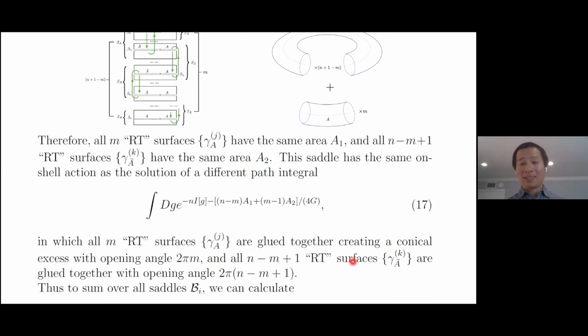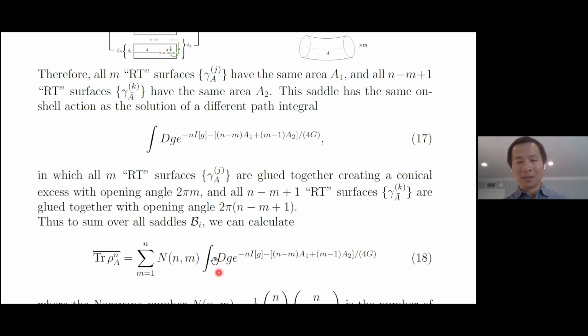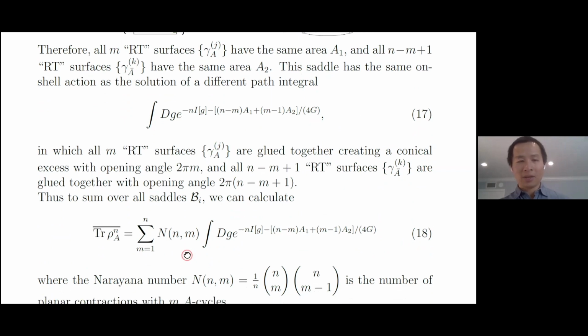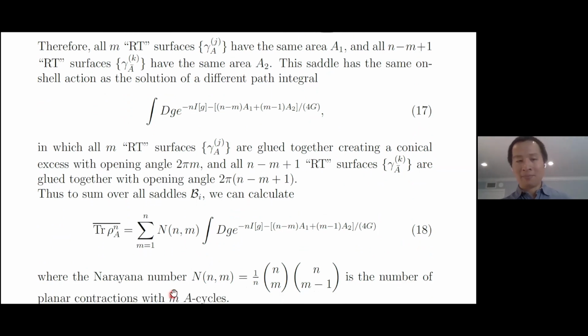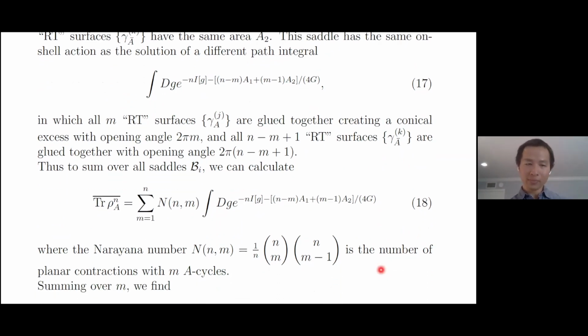But the nice thing about 17 is that now you can sum over it. We can sum over all the saddles by computing the sum of these different patterns, the rewritten path integral, with a factor N(n,m), which is the Narayana number, the number of planar contractions with m cycles.